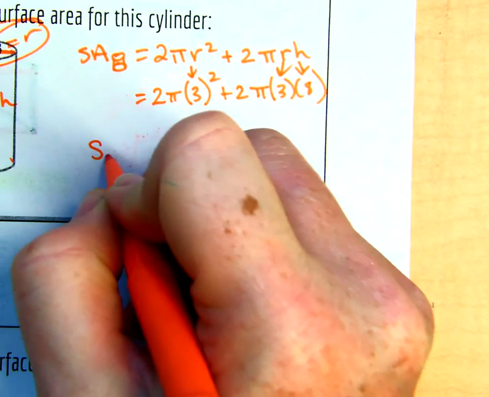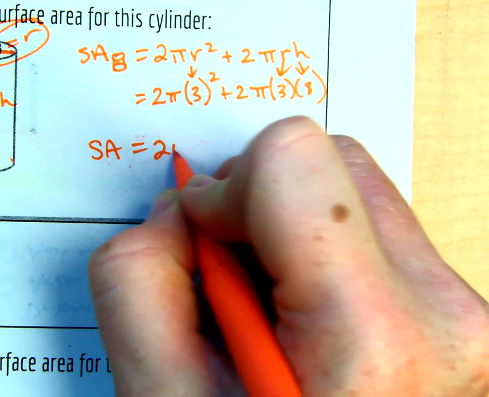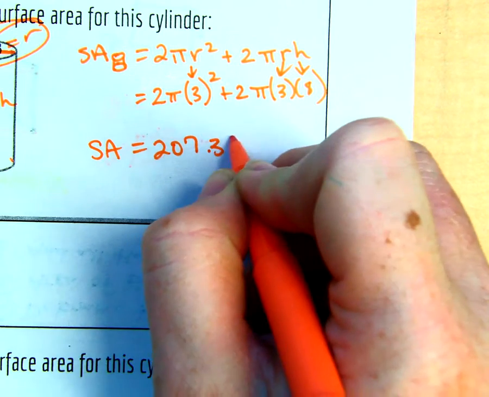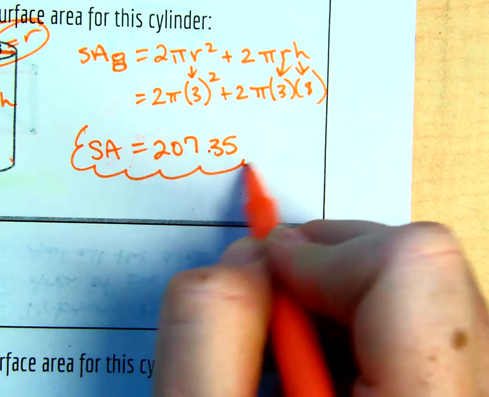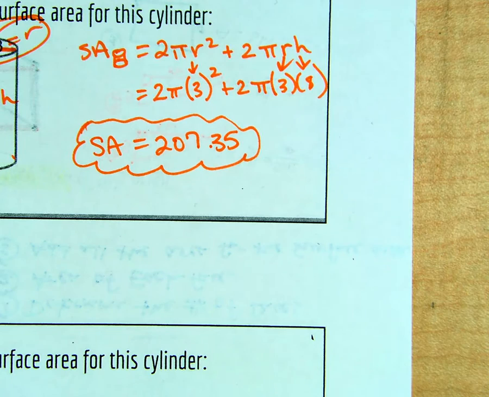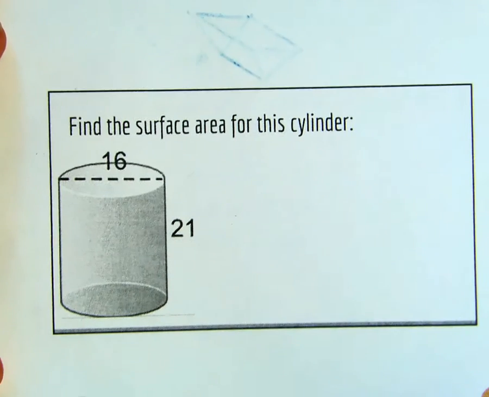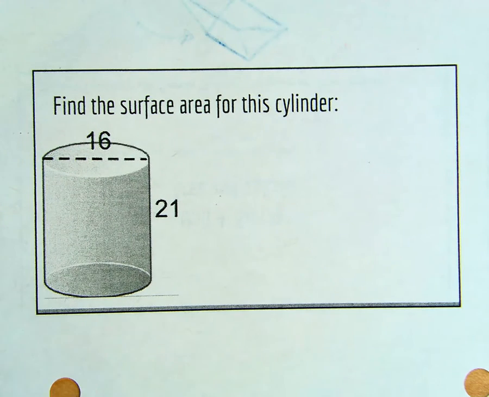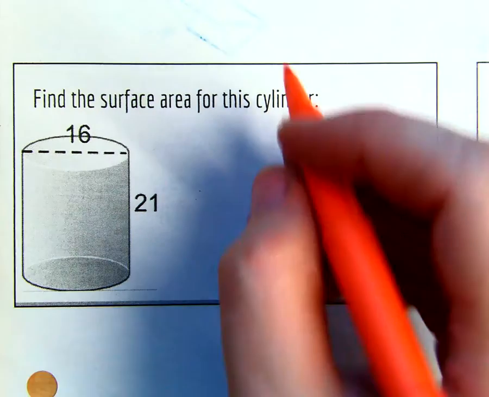So my surface area for my cylinder is 207.35, and then whatever the units happen to be, which I didn't give you, which shame on me. Do be careful, because you aren't always given the radius. Sometimes you are given the diameter, and you have to determine the radius. But that's not too bad.